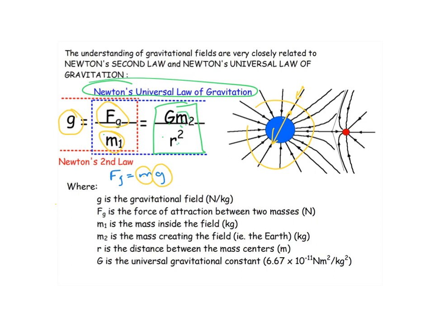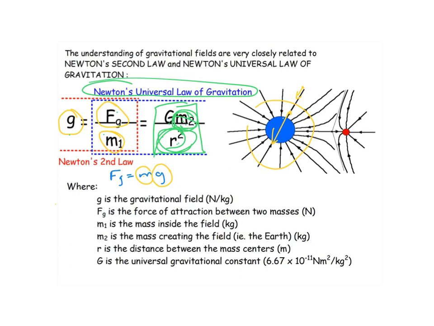Now this one requires us to know the mass of the object causing the field and how far away we are from it. So we could find that 9.81 by knowing the mass of the Earth and how far we are from the center of the Earth, just as easily as if we take our force and divide by our mass, we get that 9.81 as well.